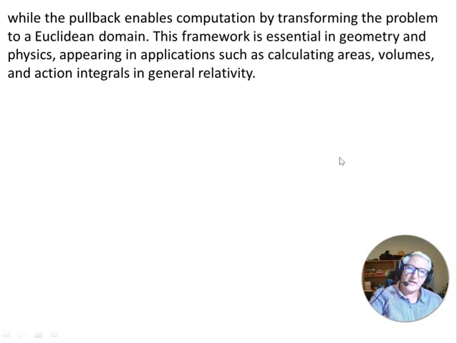Then the pullback helps us transfer the integration problem on the curved manifold to an equivalent one on Euclidean space, and makes it much easier for us to calculate. The pullback preserves the integrand, taking it from the manifold to the Euclidean space, so that we can work in that simpler Euclidean space that we're all familiar with.